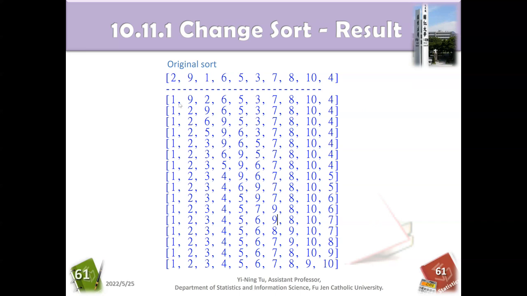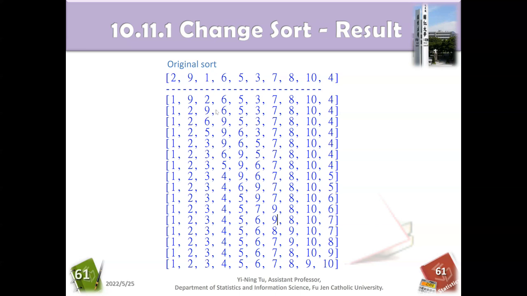So j equal 0 finished, then j equal 1. We start from this one and compare to 9. Of course, they will change. We keep comparing, then nobody changes. So j equal 1, then this one is fixed. Now it's j equal 2.